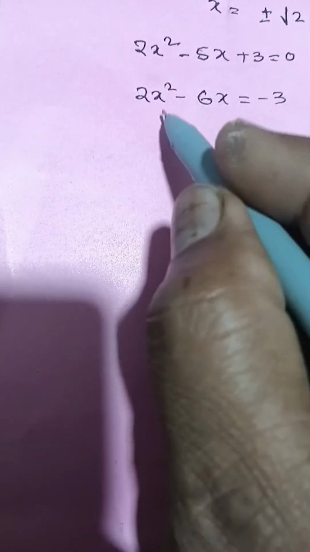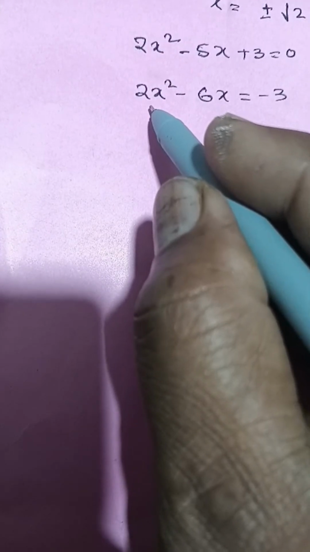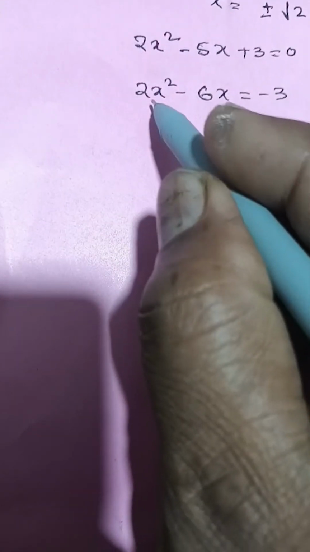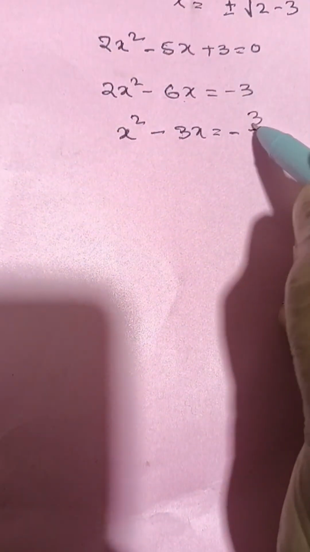Therefore you see we are unable to make it a completing square. So to get a completing square, you divide both sides by 2. Actually I want to remove this 2 from here. So if we divide each of the terms by 2, it will be x square minus 3x equal to minus 3 by 2.